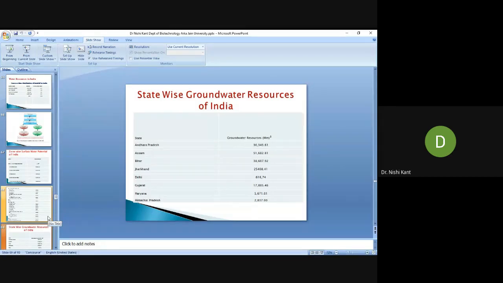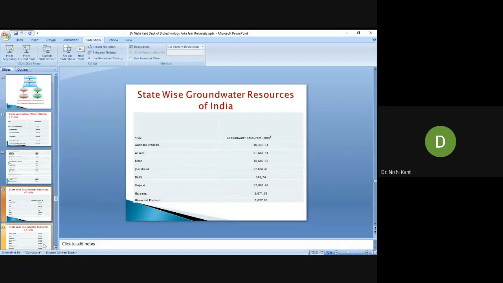Out of a total 11,040 kilometer cubed of annual utilizable water resources, the utilization in 1919 was 572 kilometer cubed, which comprised 382 kilometer cubed from surface water and 190 kilometer cubed from groundwater.